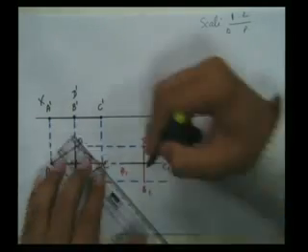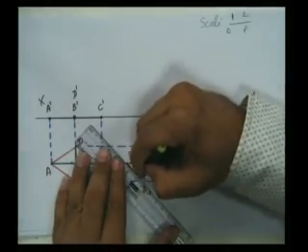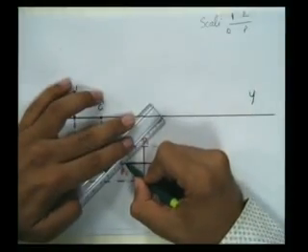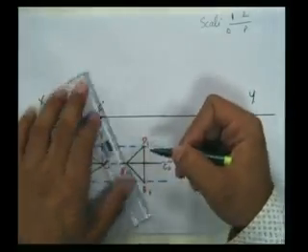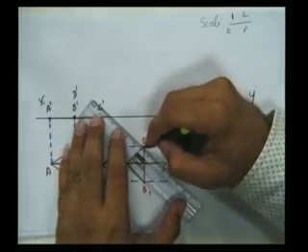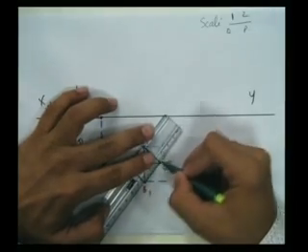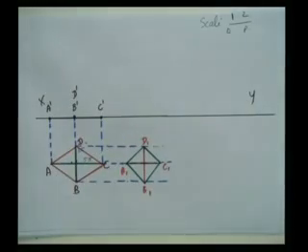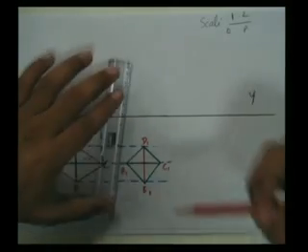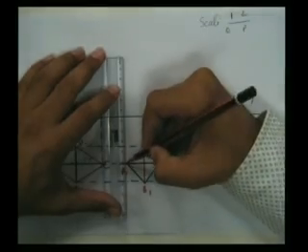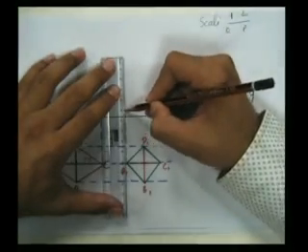And if I connect them, I'll have my square, which is required by me. Now I will extend the lines upwards in this fashion. The end projectors will be projected upwards, exactly perpendicular to line XY.